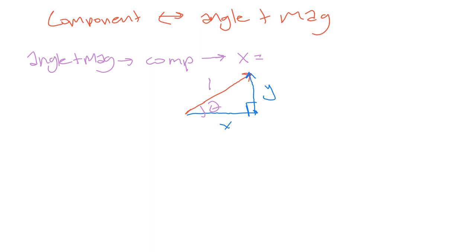We're just going to call this our magnitude of A. Your x is going to be your magnitude of A times the cosine of that angle in relation to the positive x-axis. And your y is going to be your magnitude times the sine of that theta.